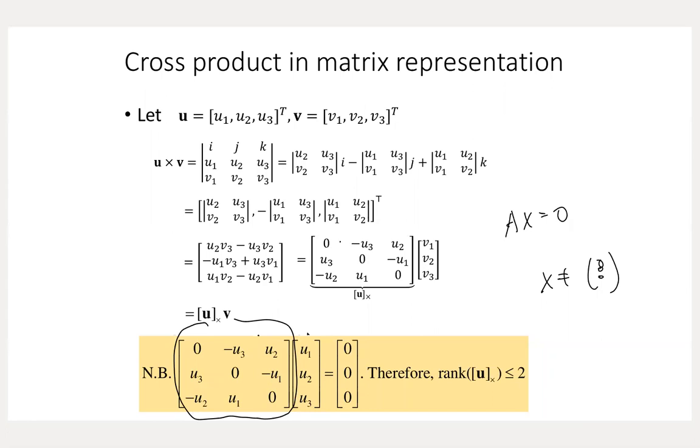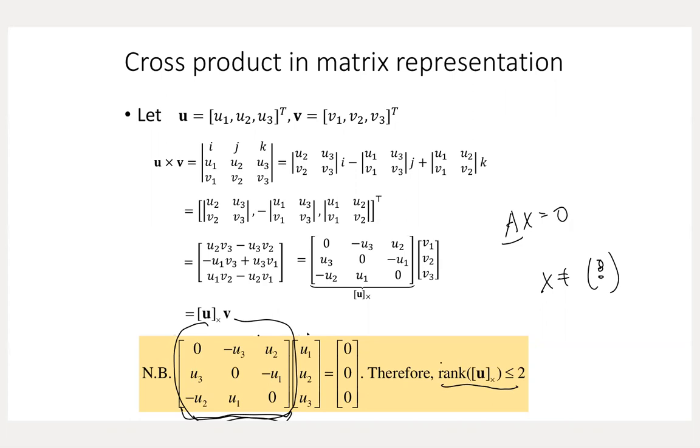So in this case, the U cross matrix is not full rank, and the rank of the U cross matrix should be less than or equal to 2. Okay, this is just a remark, not exactly very important.